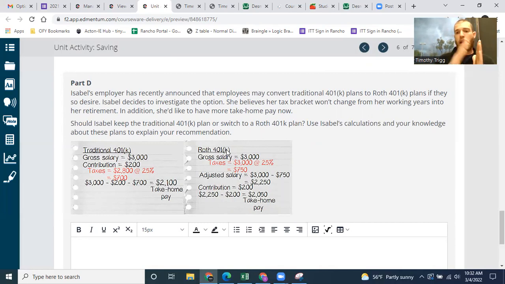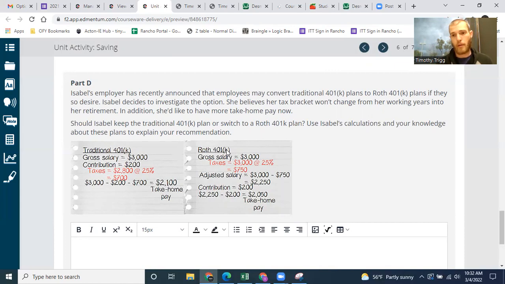However, all that growth that you saw, if it's a traditional 401k, when you take the money out, you're going to have to pay taxes at the end. So remember, traditional 401k, you didn't have to pay taxes up front, but you do have to pay taxes on any of the capital gains. Furthermore, if you're in a higher tax bracket when you take that money out, you're going to be paying at that higher tax bracket.